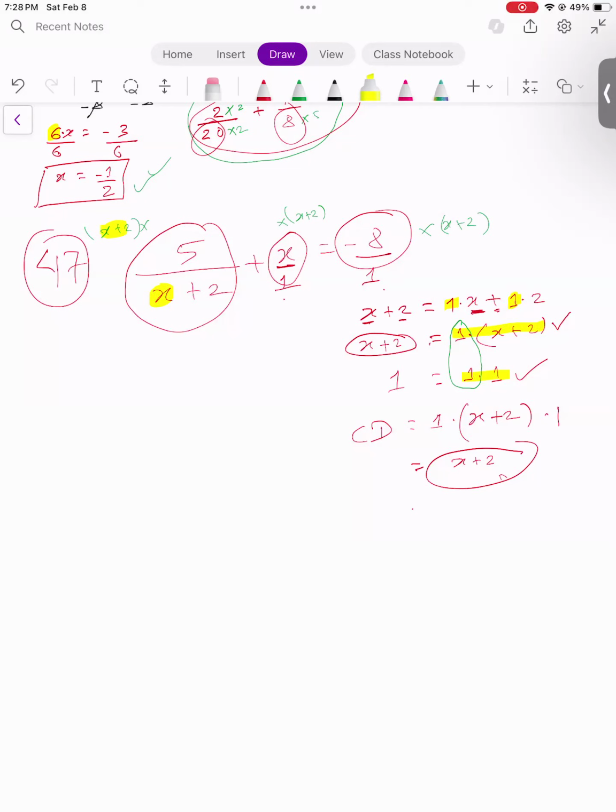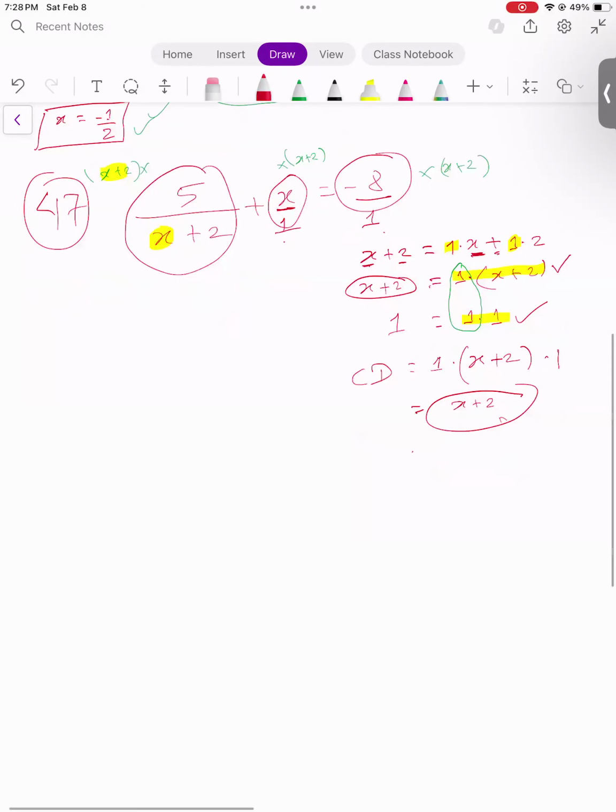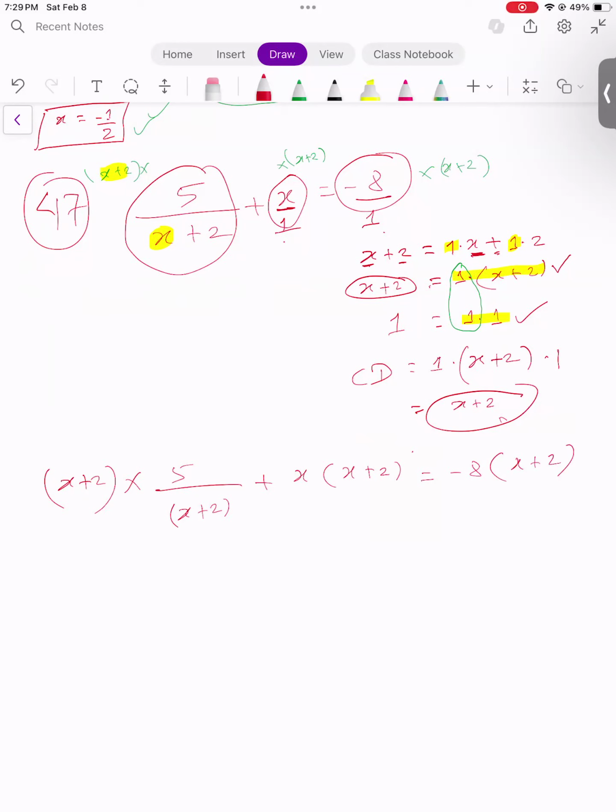And if your term is negative, make sure it's inside the parentheses. And now this is x plus 2 times 5 divided by x plus 2, plus x times x plus 2, equals negative 8 times x plus 2. Now this is the key step here. Does anyone have any questions for this part?